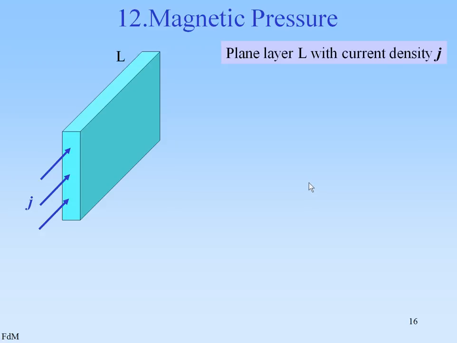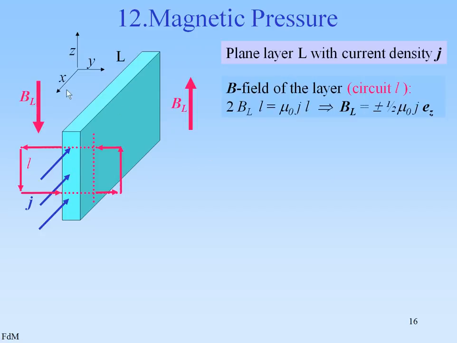We take a plane layer L with current density J in amperes per meter height. Here we have the coordinates x, y and z, and the B field of that layer will be, for circuit L, there is only contribution of this side and this side here.